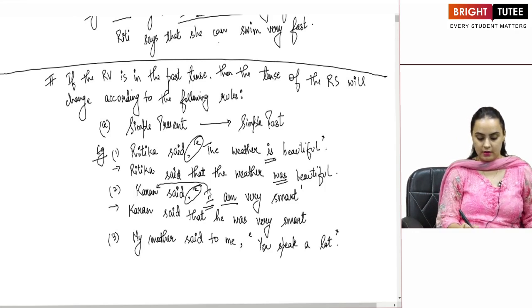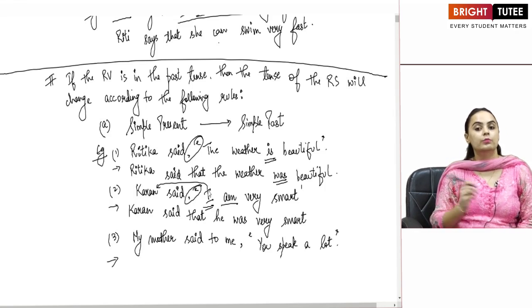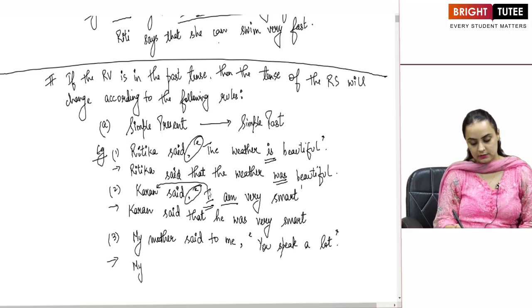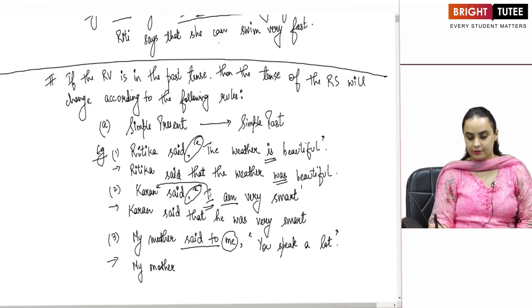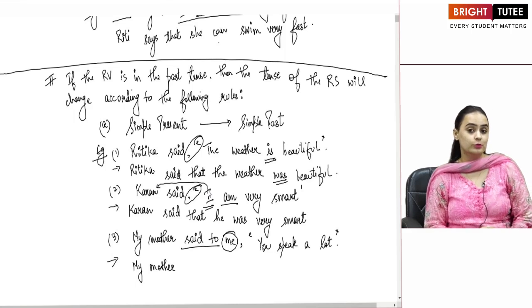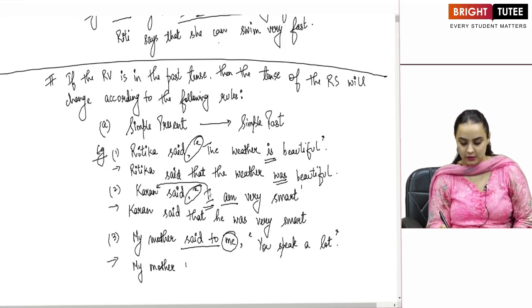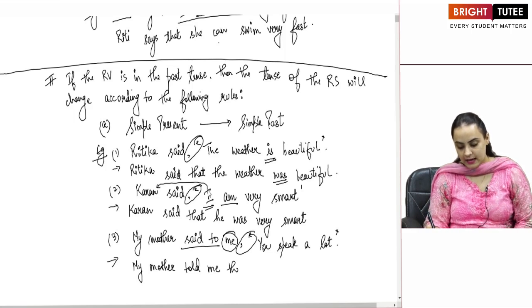Okay? So the speaker, my mother, remains as it is. Now here in this sentence, I have a listener. I know who the mother is talking to. So said to changes to told me that.